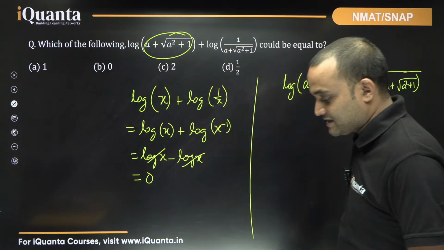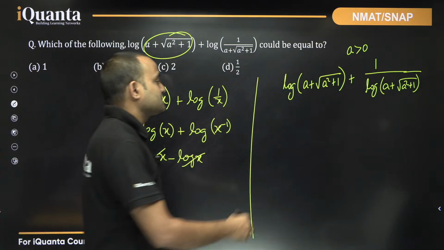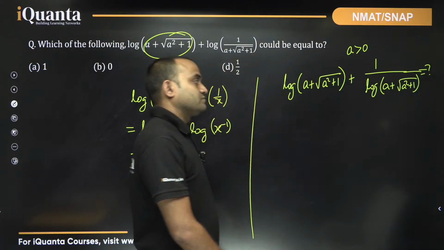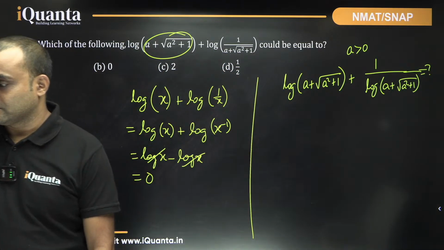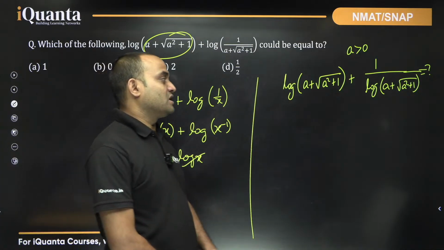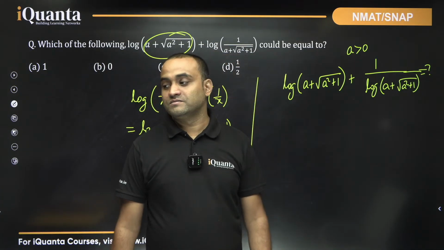A is greater than 0, then what will be the answer? Can anyone tell me this? This is equal to what? What will be the value of this expression if a is a positive number?